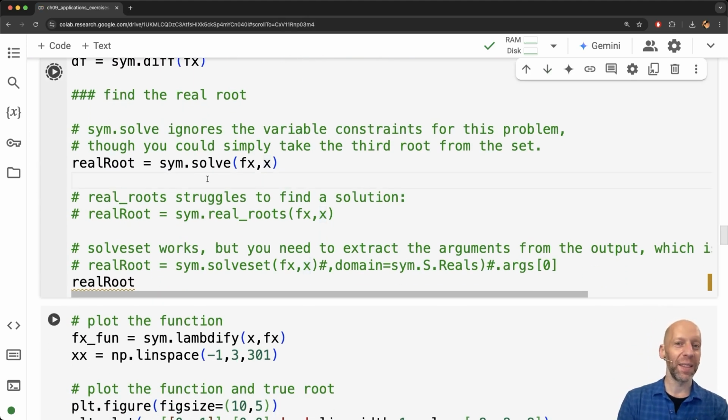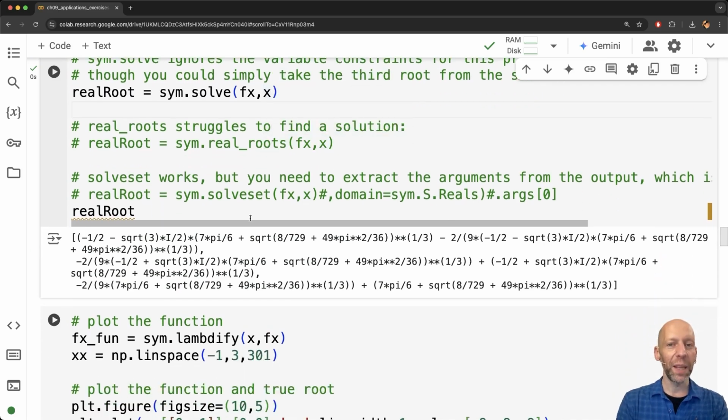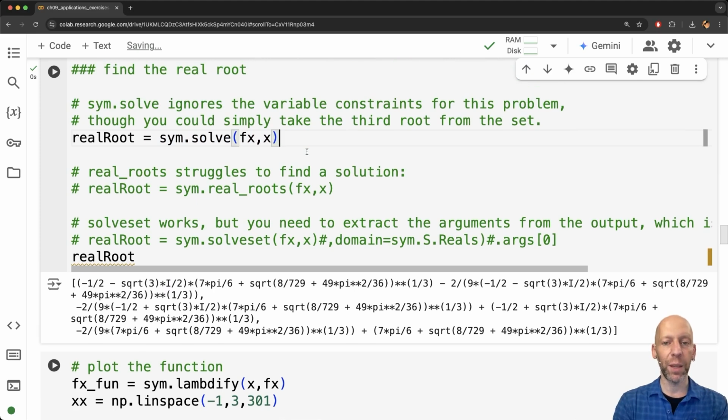Nonetheless, when we write sym.solve, we get lots of text here, but what I want you to see is that this includes the letter I, the capital letter I, which is SymPy's symbol for the imaginary operator or the square root of -1. So that means that SymPy is still returning complex valued solutions to this equation.